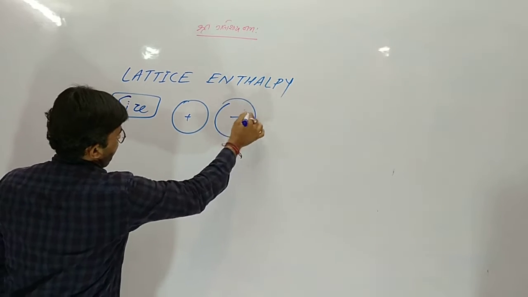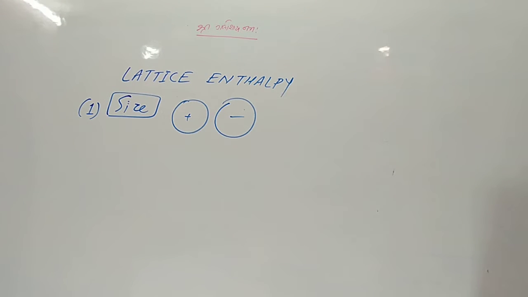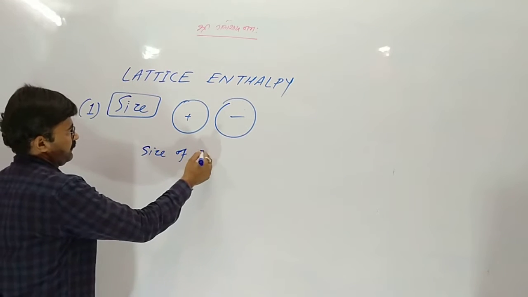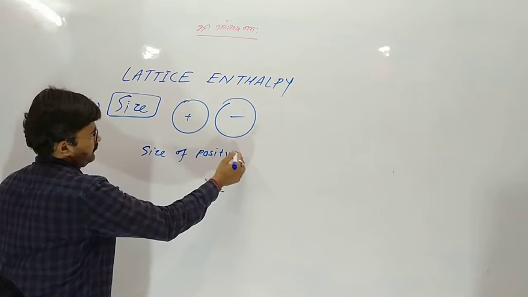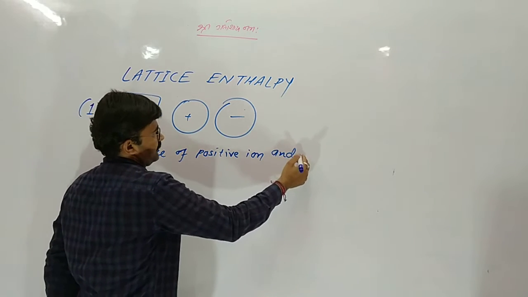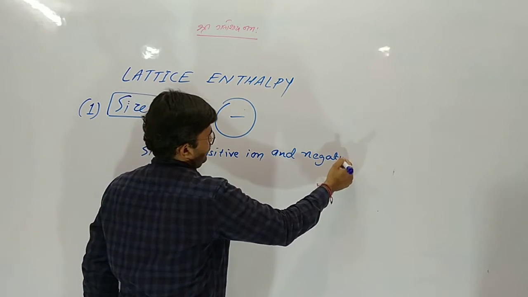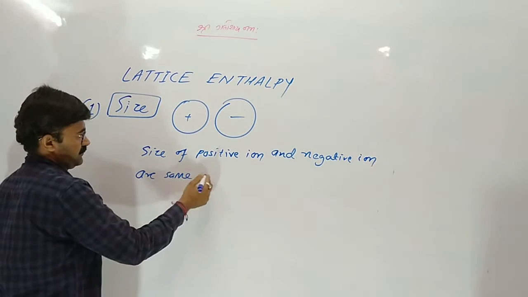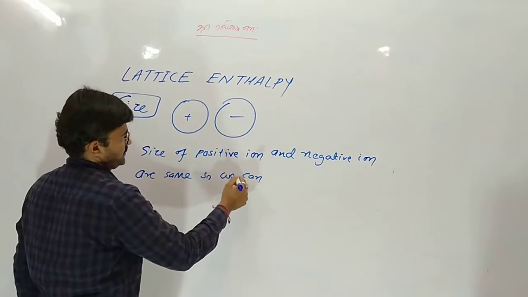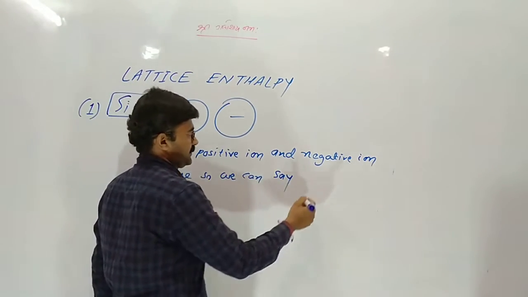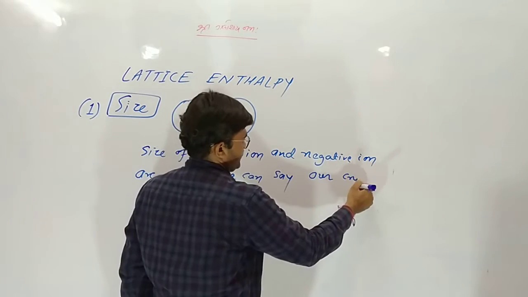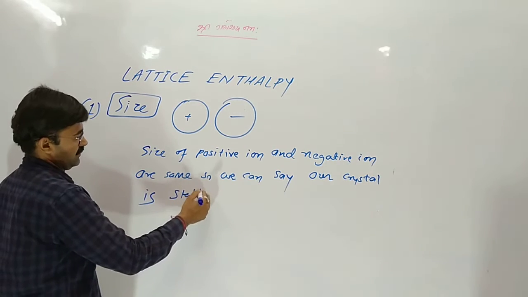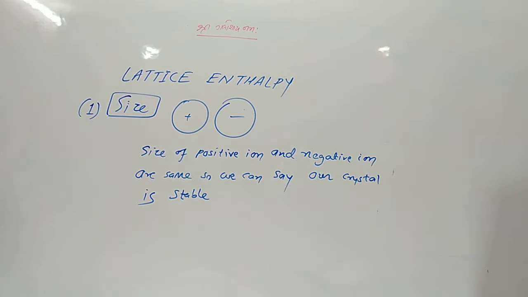Whenever the size of the positive ion and the negative ion are the same, we can say our crystal is highly stable.